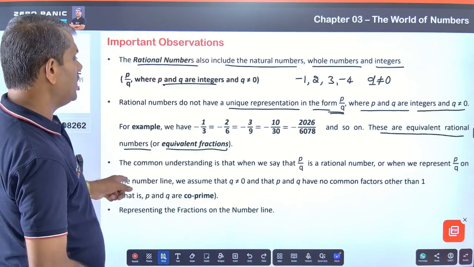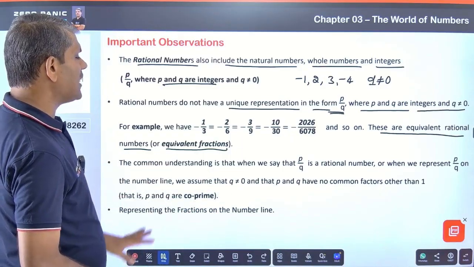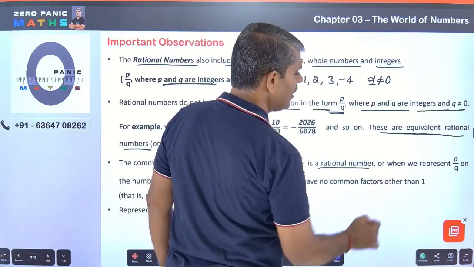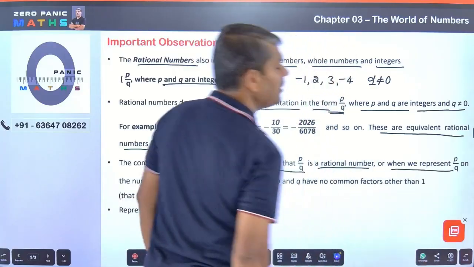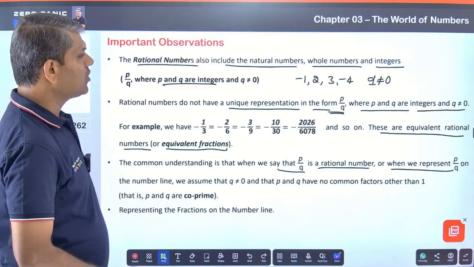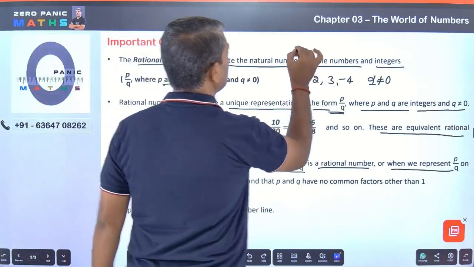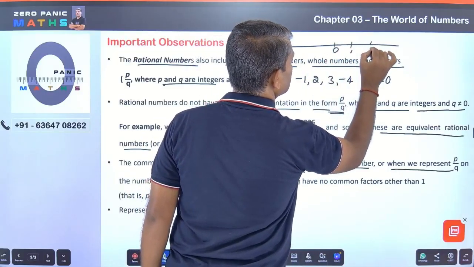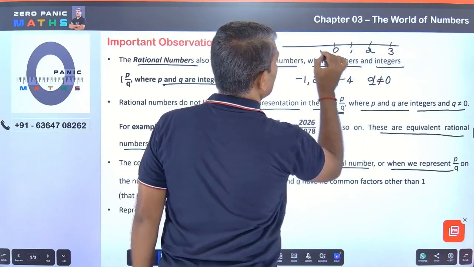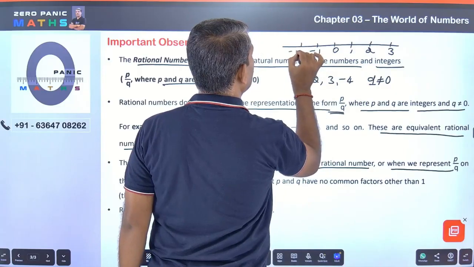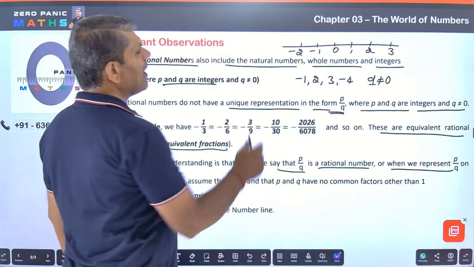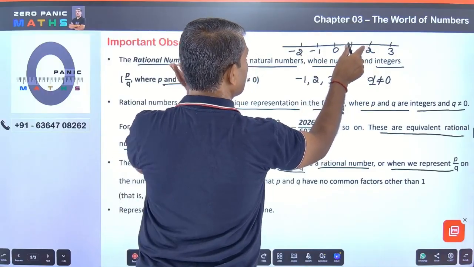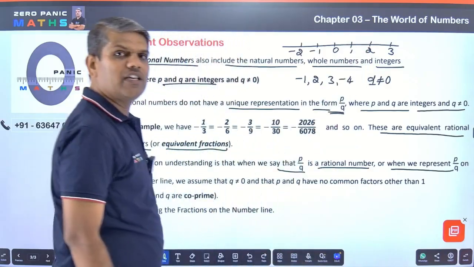Now the common understanding is that when we say that p by q is a rational number, when we represent p by q on the number line, as I already told you, on the number line, if you go for representing fractions, because the number line usually contains the whole numbers or positive and negative integers only, and a number which is assigned between two given numbers is a fraction.